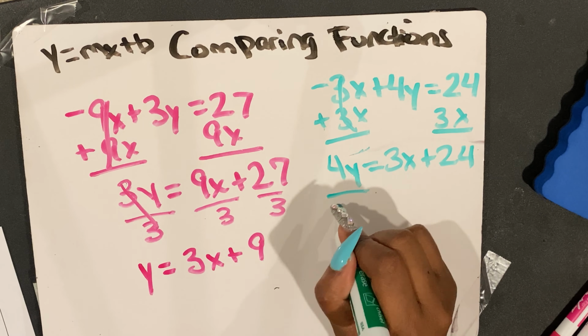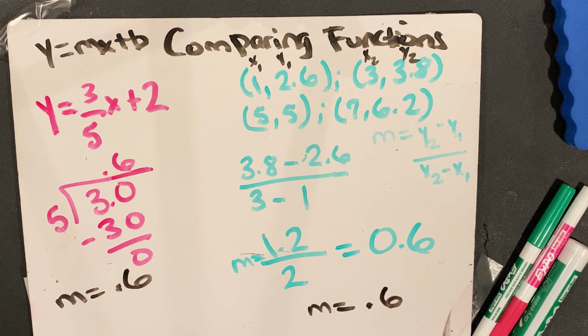So my slope over here equals, and my slope over here equals, this one is 0.6, and this one is 6. They have the same exact slope.